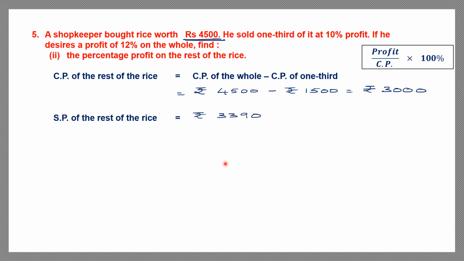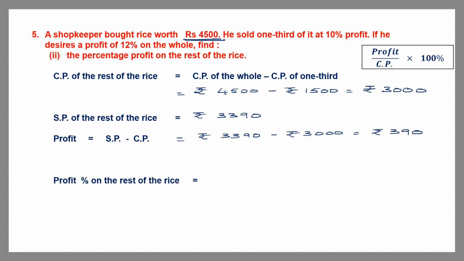Now can you see the selling price is greater than the cost price, so there is a profit. Now we are going to find the profit by saying selling price minus cost price, which is 3,390 rupees minus the cost price, which is 3,000 rupees. So this is equal to 390 rupees. So this is the profit.